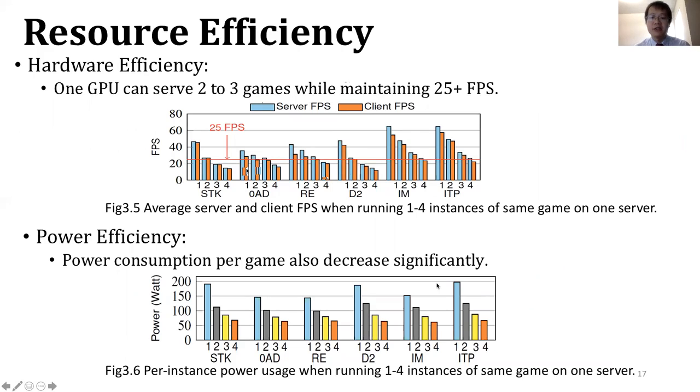And the second figure shows the power usage per game instance. From the second figure, we can learn that power consumption per game decreased significantly as we increase the number of game instances. So from these two figures, we can conclude that cloud gaming has better hardware and energy efficiency.